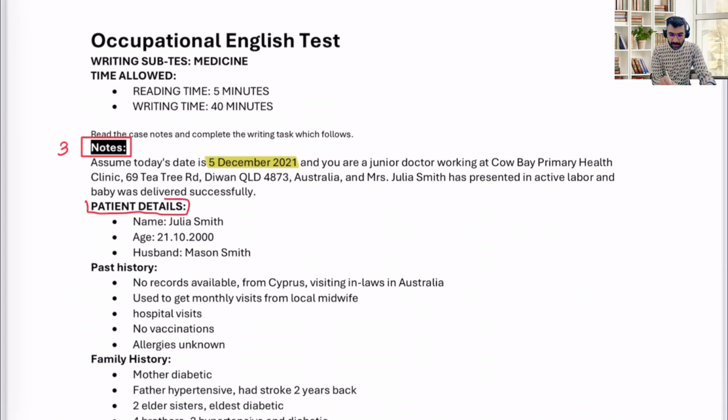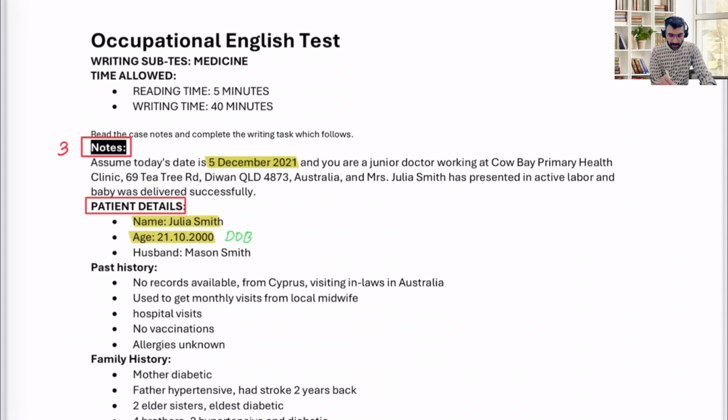In patient details, patient name is definitely important, age or date of birth, sex, date of birth. The husband's name is not important here.